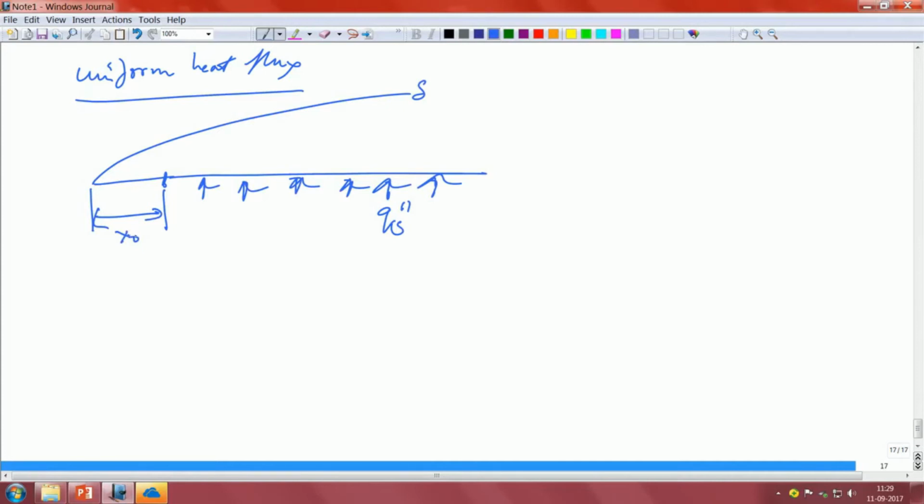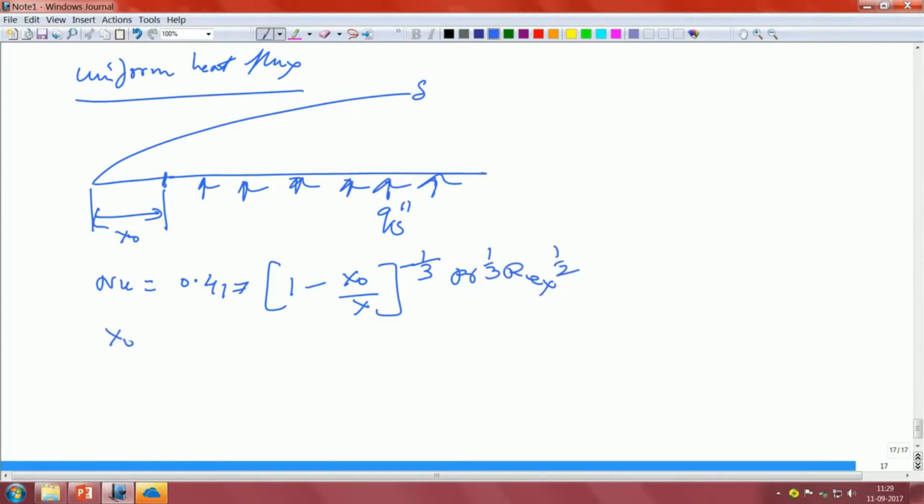Now, this is no dissimilar than the problem that I gave you where the uniform heat flux was everywhere, right. So in this case the answer will be, the Nusselt number will be 1 minus x naught by x raised to the power of 3/4, all to the power of minus 1/3, Prandtl number to the power of 1/3, Reynolds number x to the power of half, right.